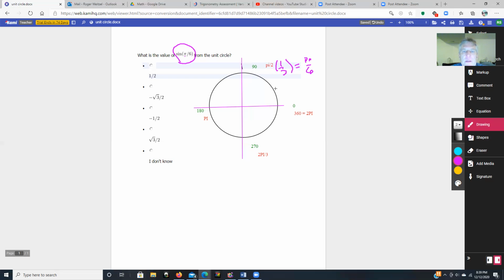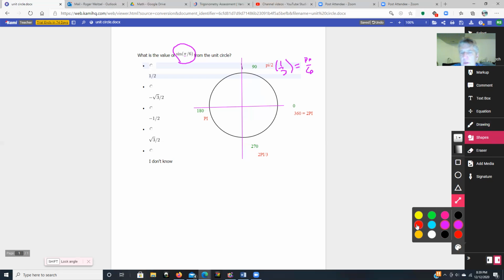So if we break up this section of the circle into, what color do you guys want? How about red? So what we're doing is taking this section of the circle and dividing it into thirds.